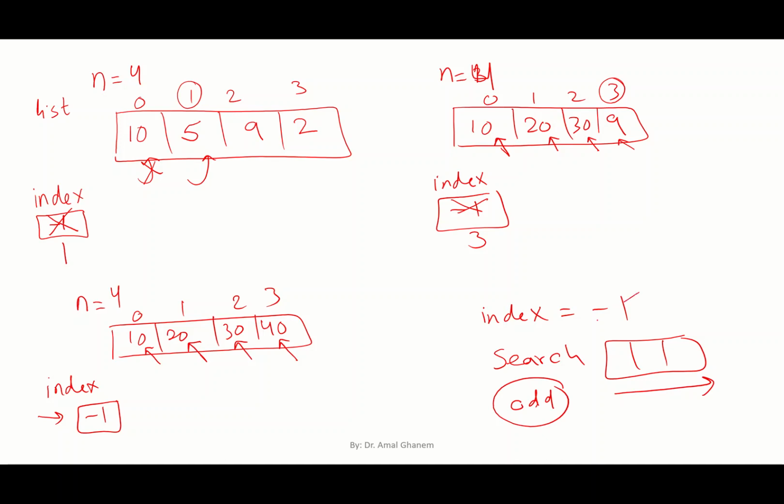You have to change the value of the index to the location. So if this is an odd number and the location is 2, for example, you have to save 2 in the index. If there is no odd number, it means you will finish the search and the value of the index will not be changed. Still, it will be -1. So let's apply this.